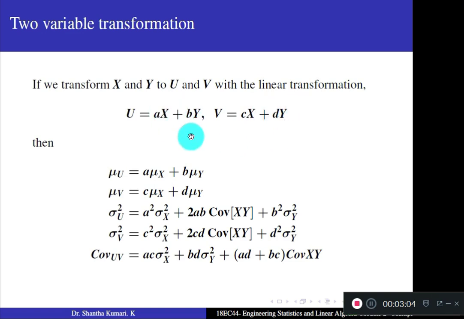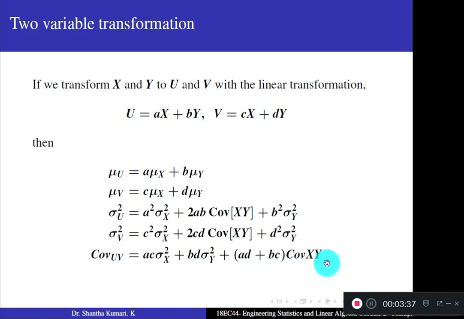Just like that, for covariance of uv you just remember the formula of this product. When you multiply this with this, which are the terms containing only x square? That is a into c, and the x square term means sigma square x. Then b into d, when you multiply the y term with the y term, gives bd sigma square y. Then the xy terms come from multiplying a with d, and b with c. So it is (ad plus bc) covariance of xy.